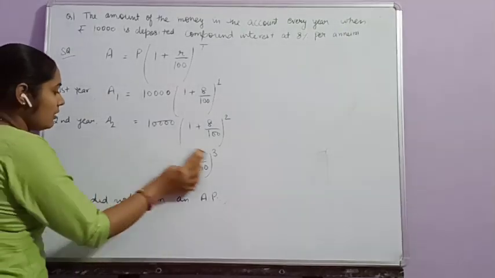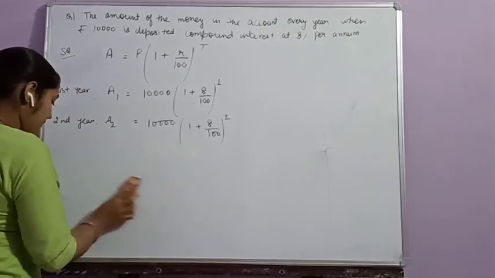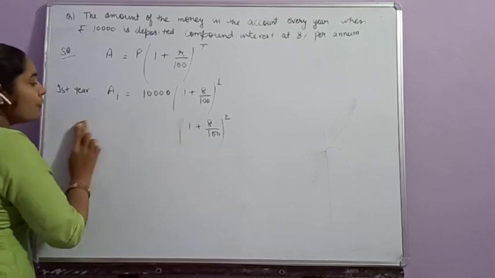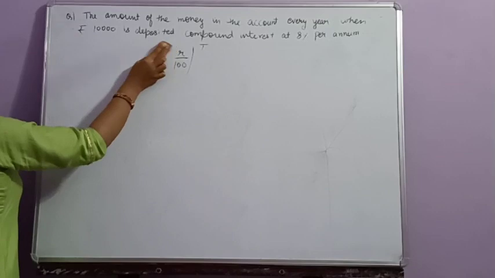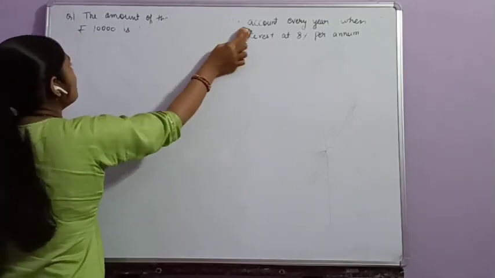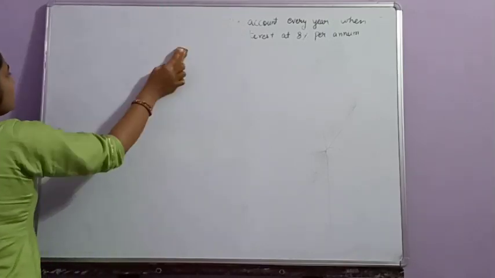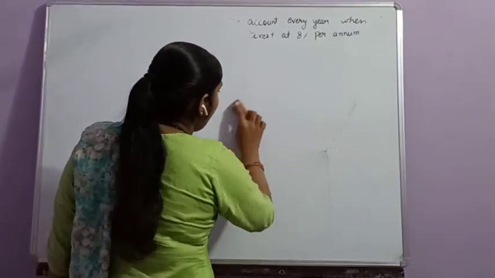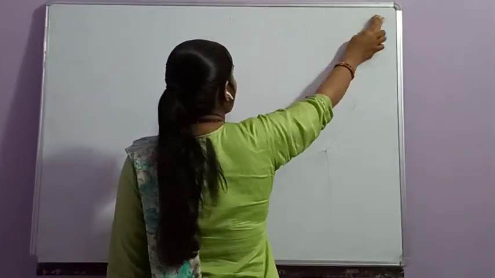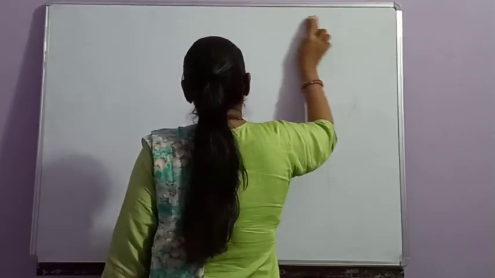Now we study about how we can find out nth term of an AP. If an AP series is given to us and it is said that we have to find out its nth term, then how we can calculate its nth term?